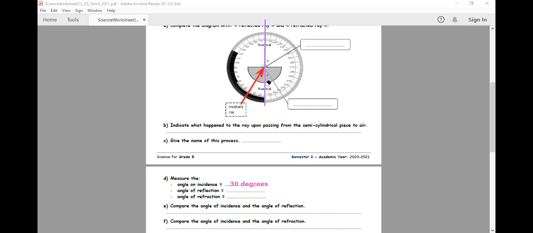The angle of reflection بتكون between the normal and the incident ray. عم نحكي عن الانجل of reflection.